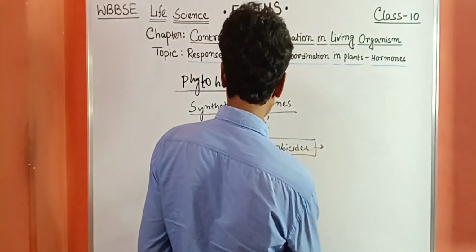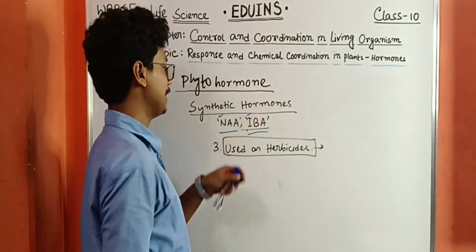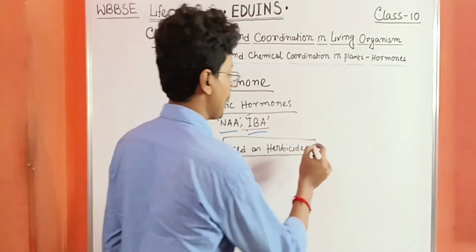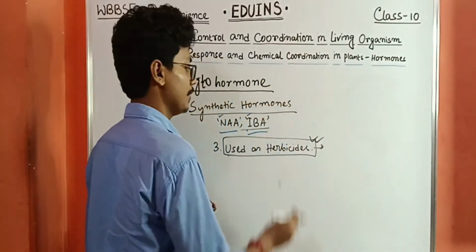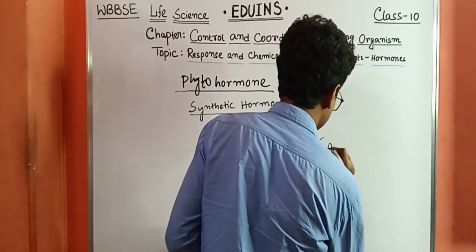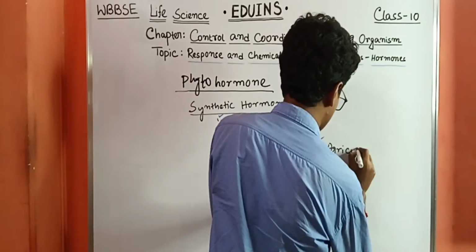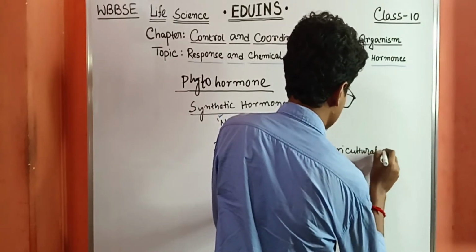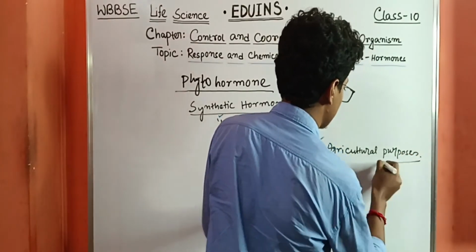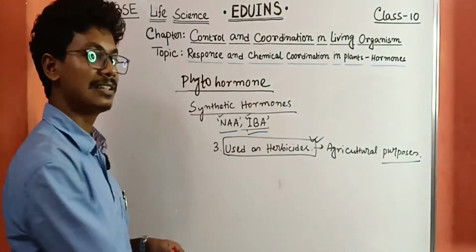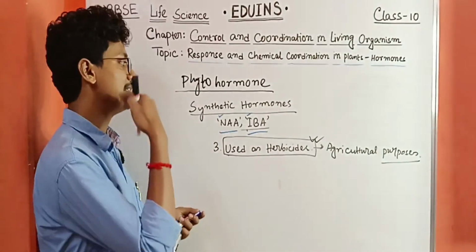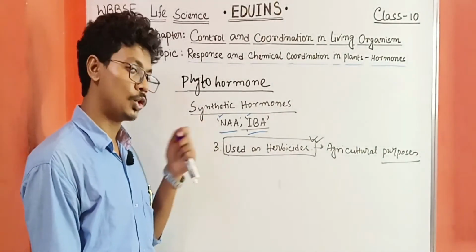So these synthetic hormones can be used as herbicides for agricultural purposes. These are the main 3 hormones that take a role in plant development and plant growth.